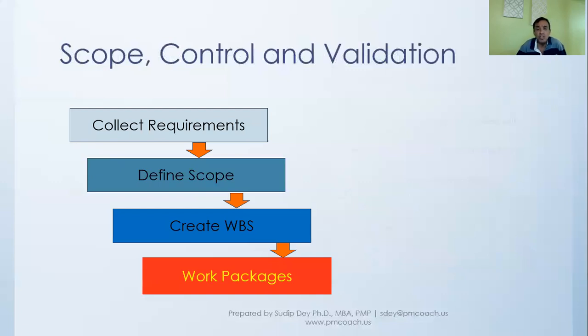And the lowest level component of the WBS, or work breakdown structure, is what is called work packages. Now, these work packages, we will use to plan out and execute the project, because we have to deliver the final thing, and we have to address all these work packages as we are going through the execution process.